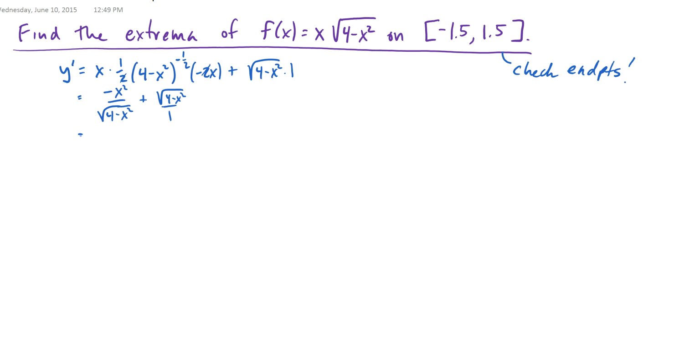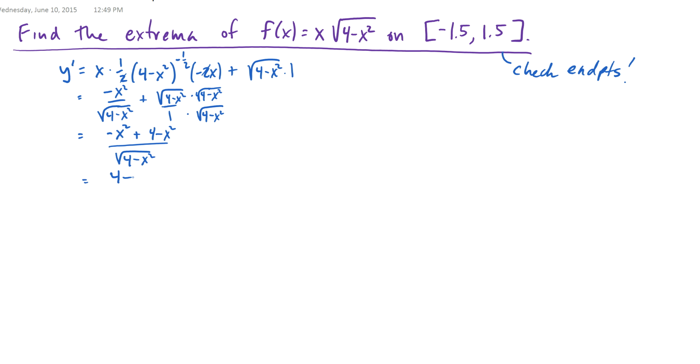And like we've done in the past with the derivative, let's get this into one fraction so that it makes it easier to set equal to 0, multiplying by the square root of 4 minus x squared. So then this becomes negative x squared plus 4 minus x squared over the square root of 4 minus x squared.